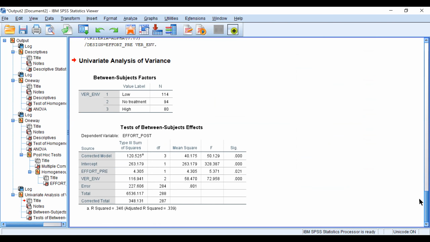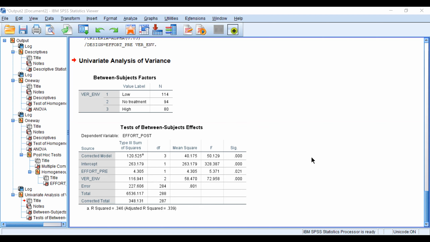So we're running this with the same people as before, so you're going to see some of the same output. I didn't ask for descriptive statistics, and I didn't ask for any tests of assumptions. But what we see here under the tests of between subjects, comparing the three groups, is that in fact pretest of effort did matter.